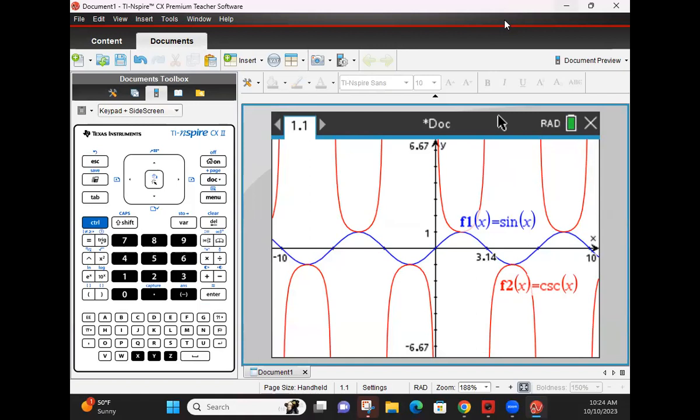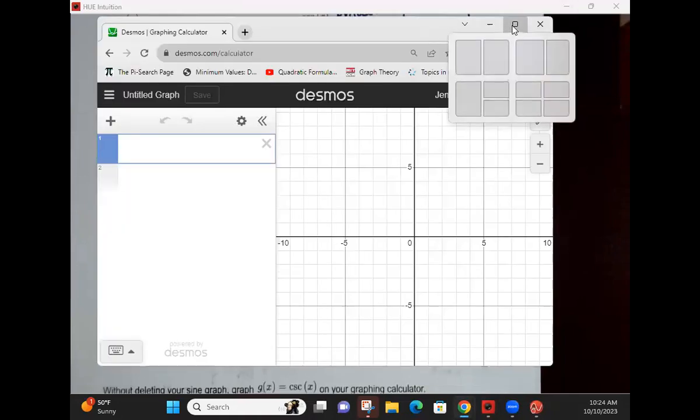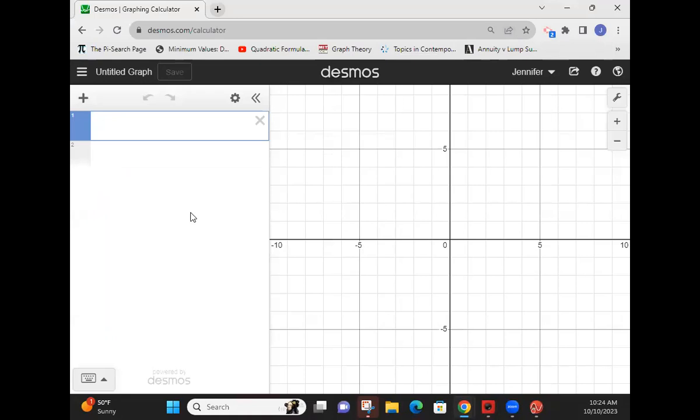But if we looked at another graphing utility, I've talked about Desmos just once or twice. Let me pull up Desmos here. The SAT, now that it is digital, Desmos is the graphing and calculator function that's embedded here.